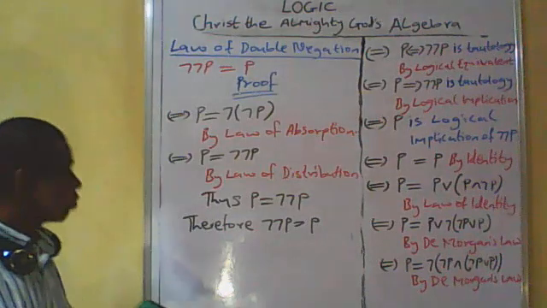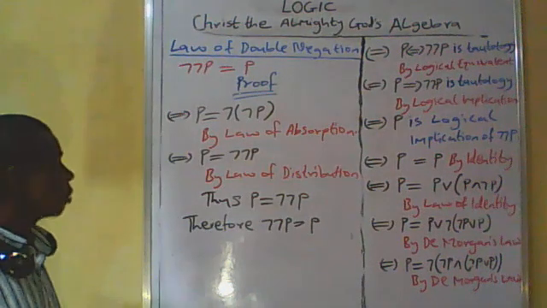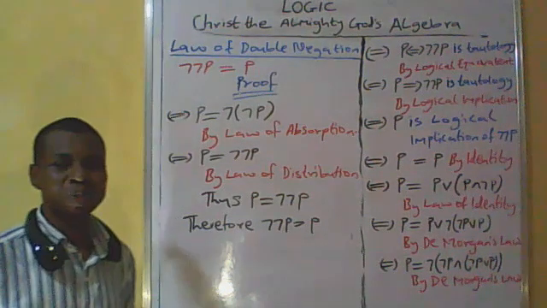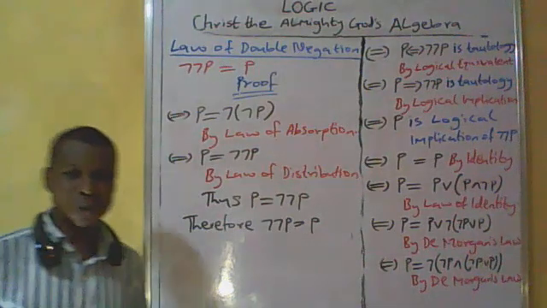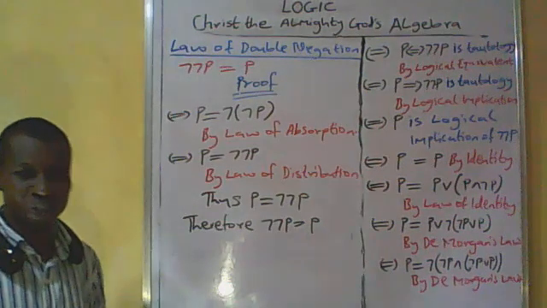So we have now proved that the law of double negation exists. So it is true that the law of double negation exists.